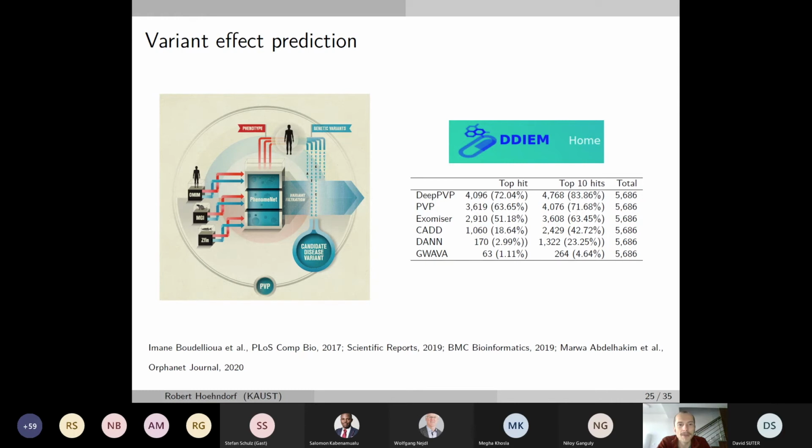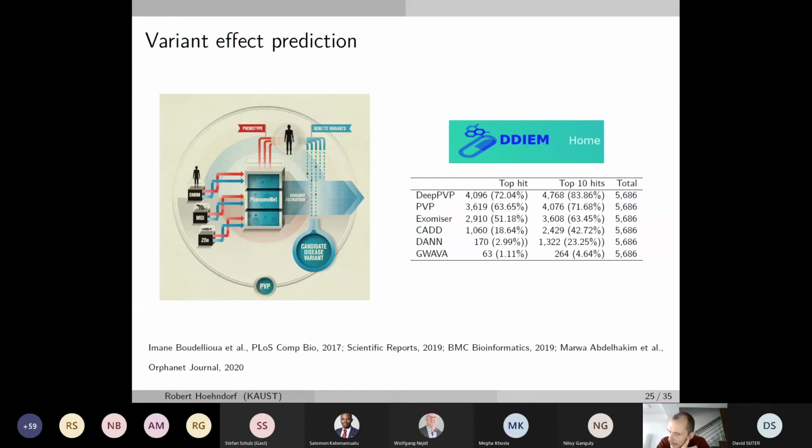And we combine this in one of our variant prediction methods in order to predict the candidate disease-causing variant in this individual. I forgot there's one additional input, and this is the actual phenotype observed in this individual encoded using ontologies.